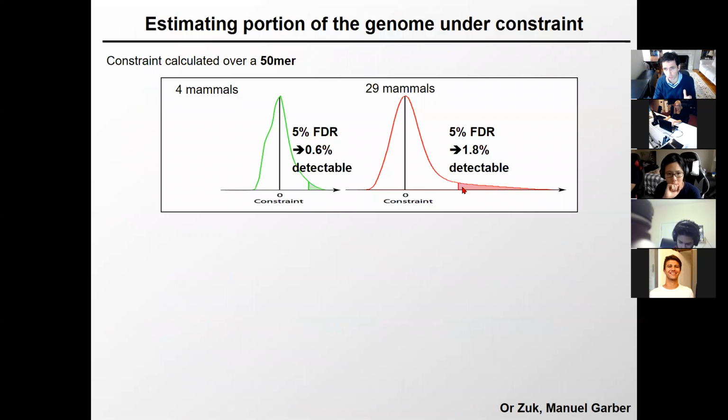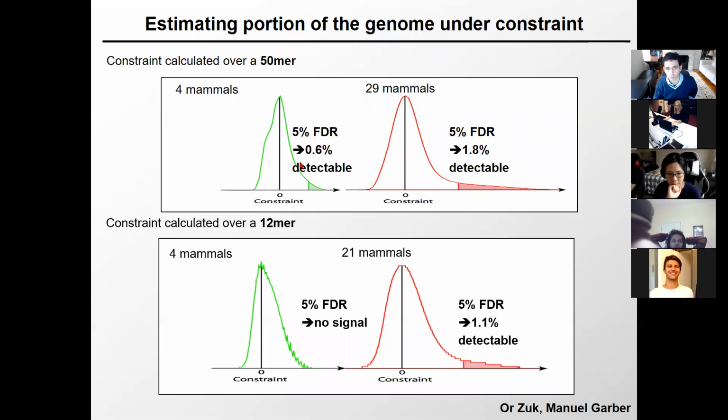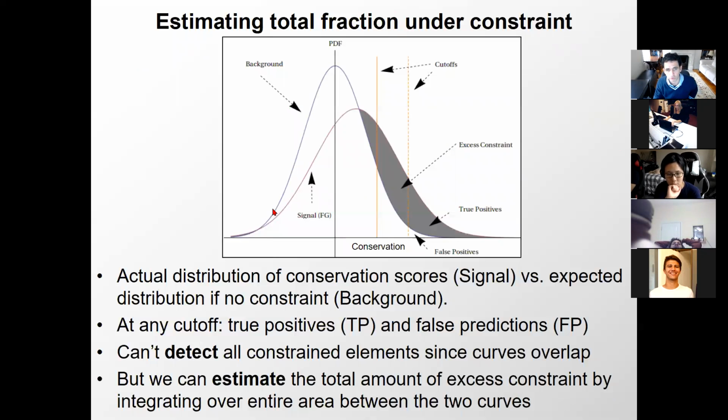So that's about putting a threshold here and then asking what lies above that threshold. And at every threshold, we have some false positive rate. So we can choose this false positive rate based on neutral elements. We can basically ask what is the amount of evolution that I would expect for neutrally evolving regions. That's the blue here.